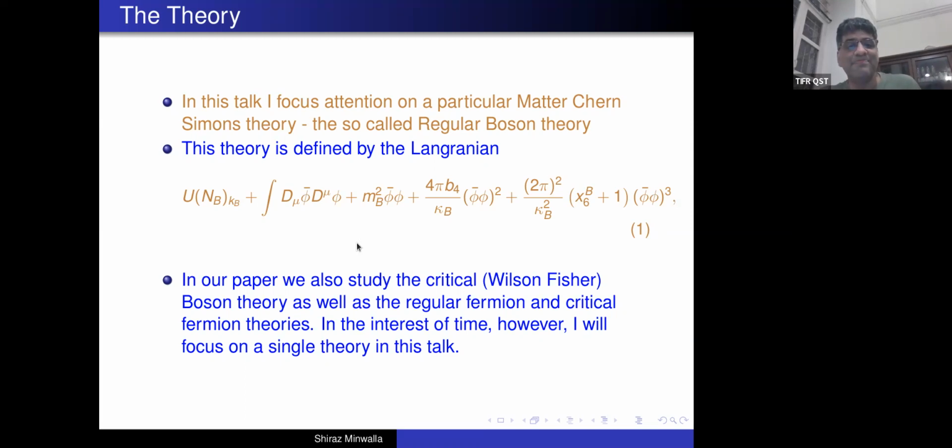Now this theory is not just a theory of matter, it's also a theory of gauge bosons. The derivative here is not just a derivative, it's a covariant derivative with respect to the gauge field. And the gauge field is self-coupled through a UNB level K Chern-Simons term, KB by 4 pi, trace integral of A dA plus 2 by 3 A cube.